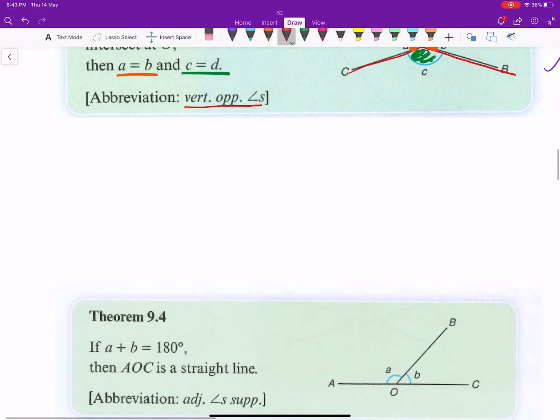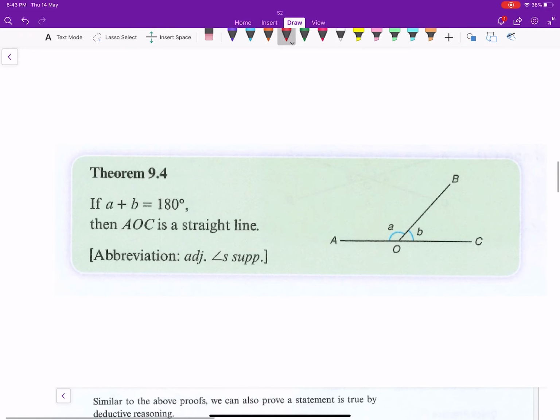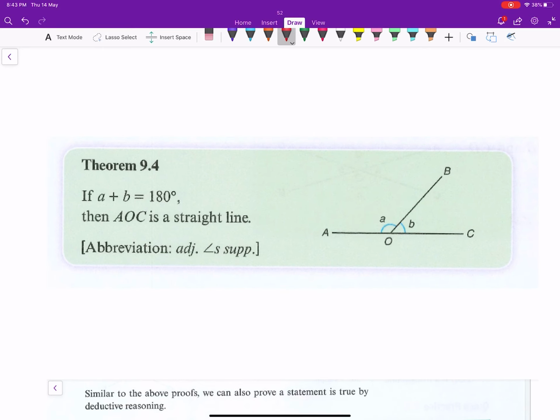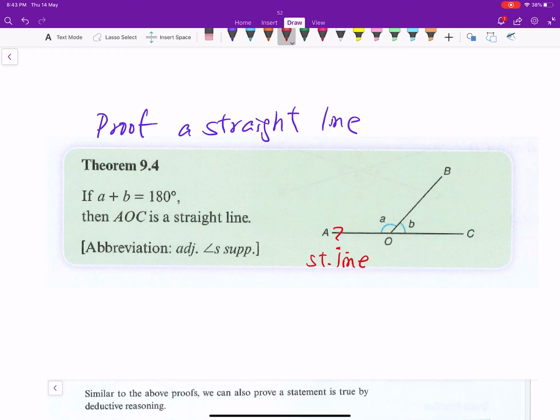And then there is a theorem very similar to adjacent angles on a straight line. This one is used to prove a straight line. That means it is not given that AOC is a straight line. We don't know if it is a straight line.